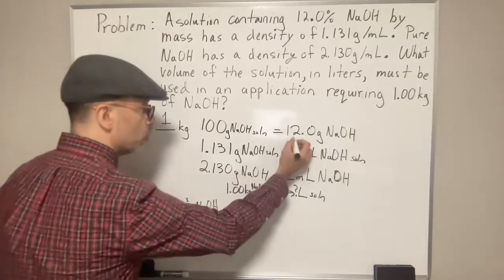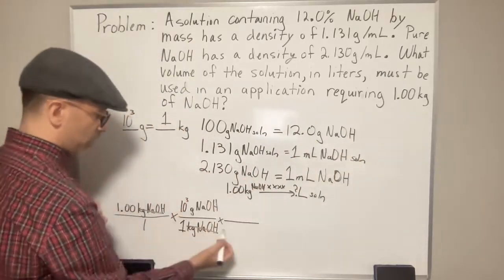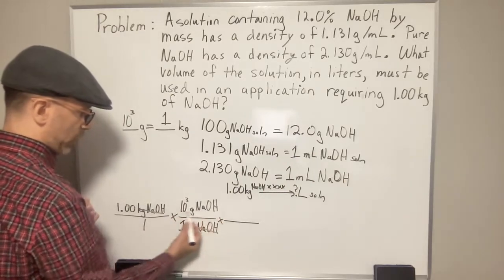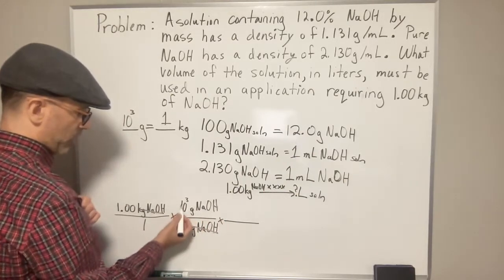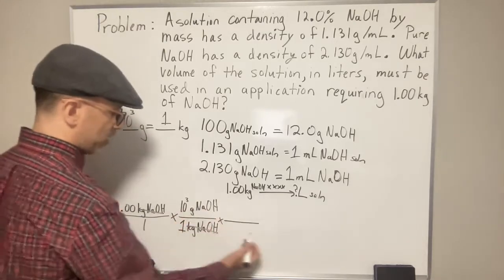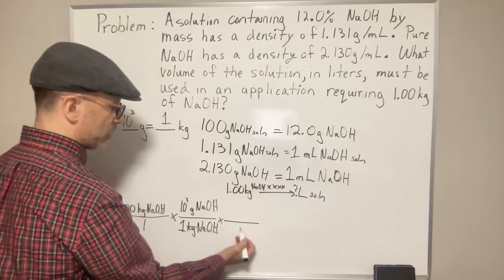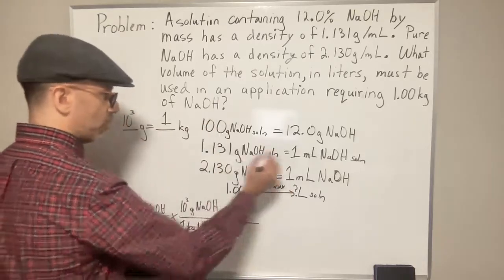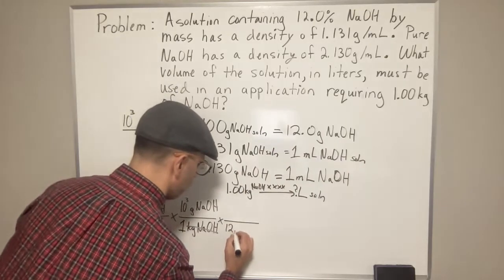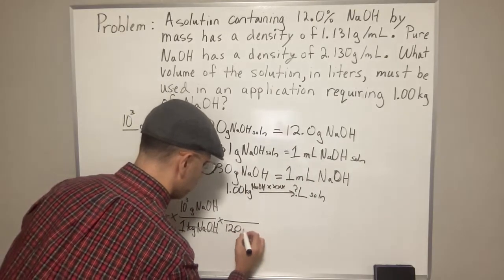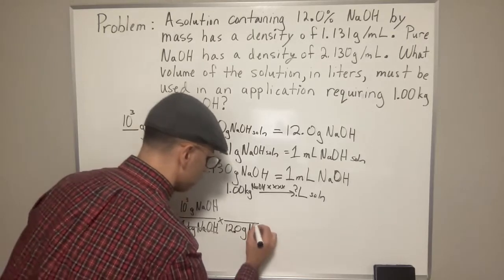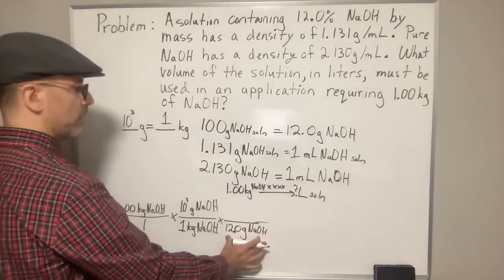So I'm going to put 12.0 grams of NaOH on the bottom because I have 10 to the third grams of NaOH on top. I need grams of NaOH on the bottom.